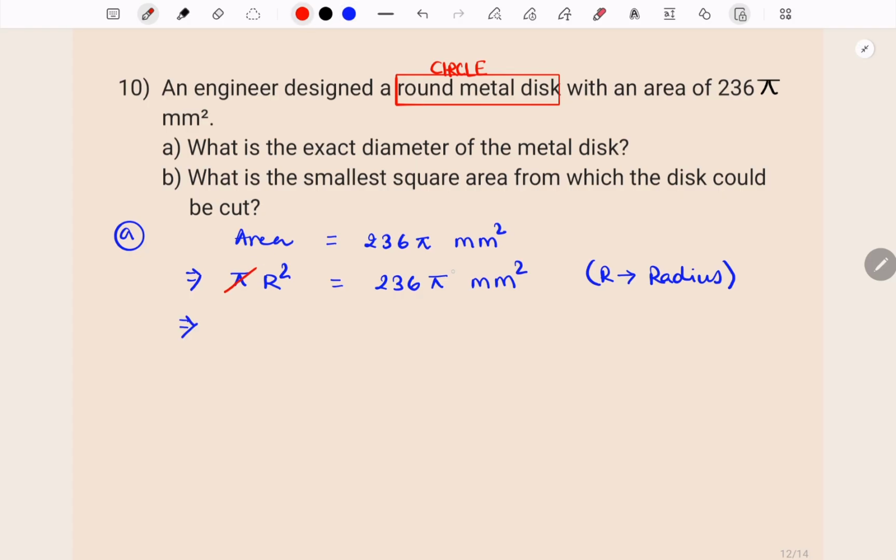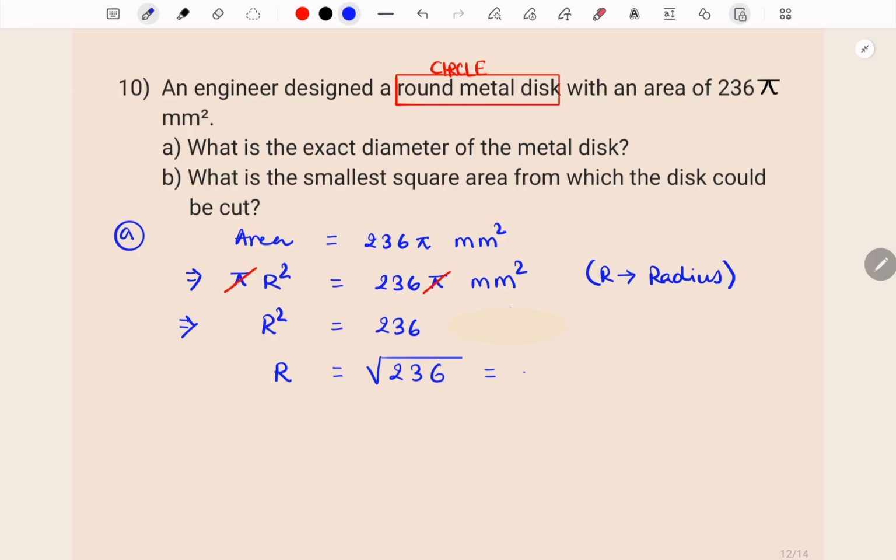So we have pi on both sides of the equation. We can cancel it out. So I will have r squared as 236. That means to find the value of r, I need to find the square root of 236, right?